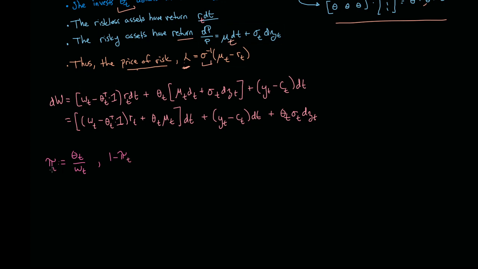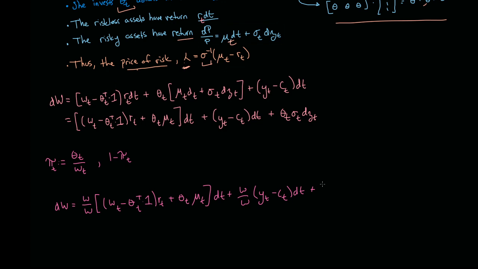To get this value in our dW, let's multiply everything by W over W, and then that will give us hopefully what we want: r_t plus theta_t mu_t dt, plus W over W times y_t minus c_t dt, plus W over W theta_t sigma_t dZ_t.